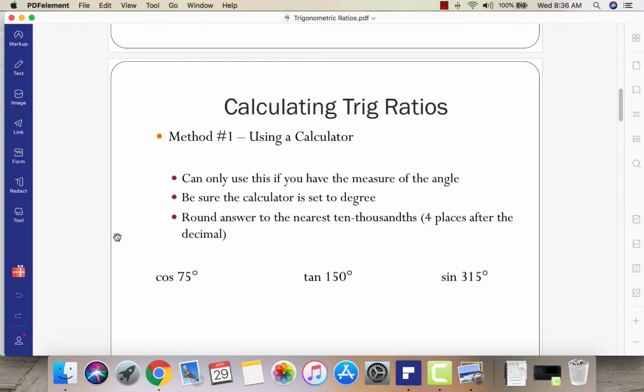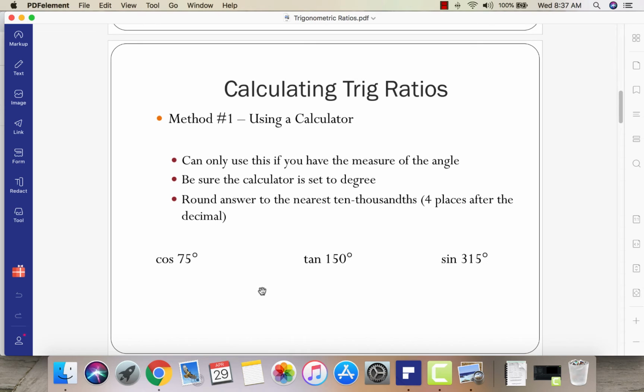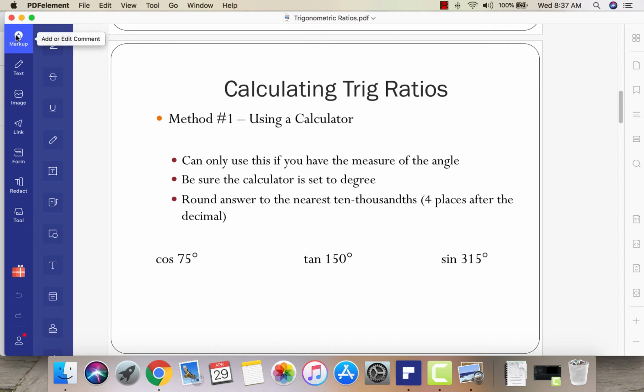For these we are just going to type in the degree 75 into our calculator, and then hit the cosine button, and it will give me 0.2588.